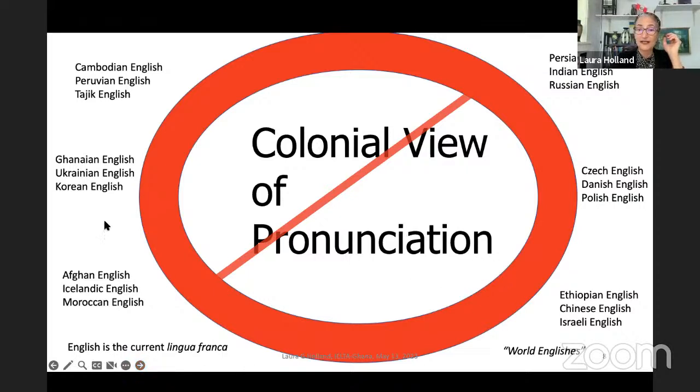Now, interestingly, the field of English language teaching even recognizes this. We have created a count plural noun that reflects all this, and we say world Englishes, right?